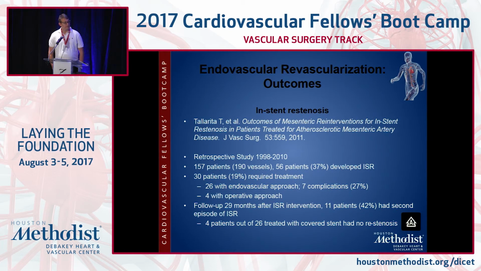There is a little bit about in-stent restenosis and what's the best approach to that. Ultimately, it can be pretty easily dealt with from an endovascular standpoint. And most studies have shown that in that case, if you go to a covered stent, that's probably the best treatment of in-stent stenosis of an original bare metal stent.